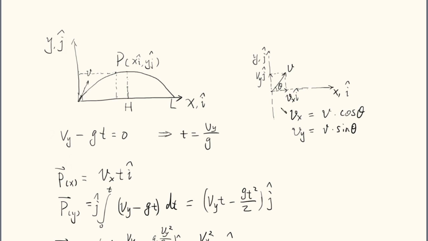So we know the velocity on the horizon, Vx, is v times cosine theta, and the velocity on the vertical direction upward is Vy equals v times sine theta.